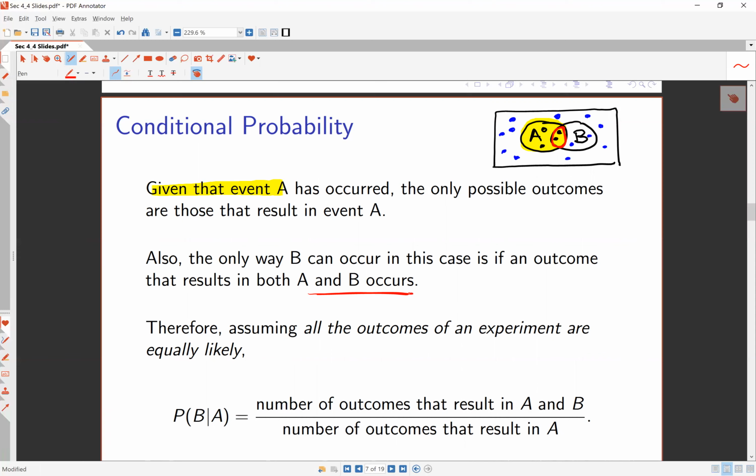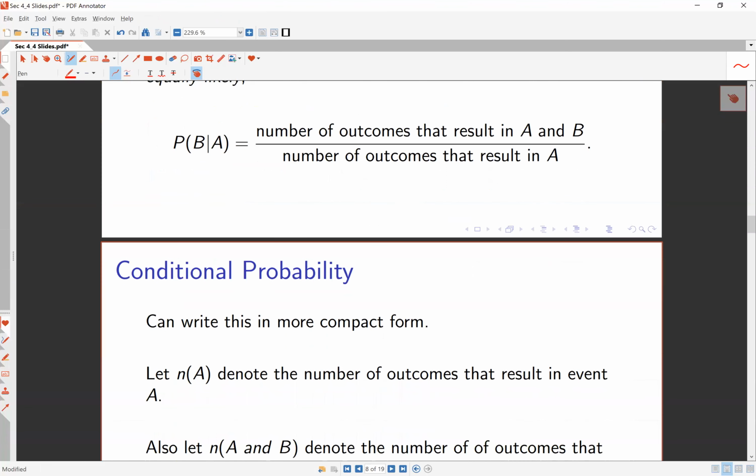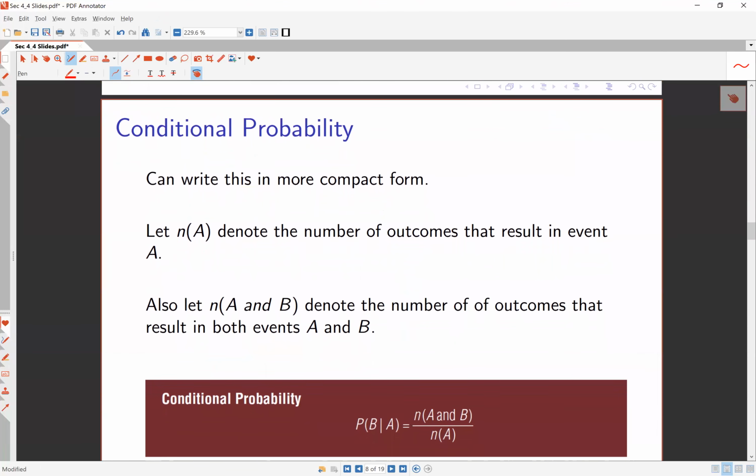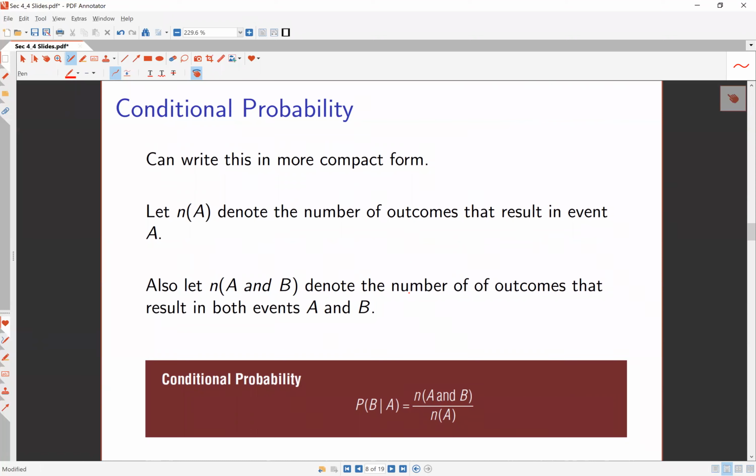So one way to calculate this probability of B given A, is I go and count the number of outcomes that are in both A and B, so they exist in that overlap or that intersection, and I divide by the number of outcomes that are only in A. And we can introduce some mathematical shorthand here, just to make the formula more compact.